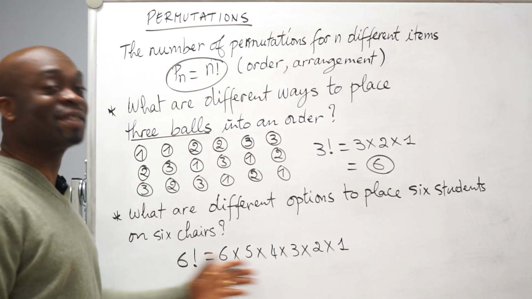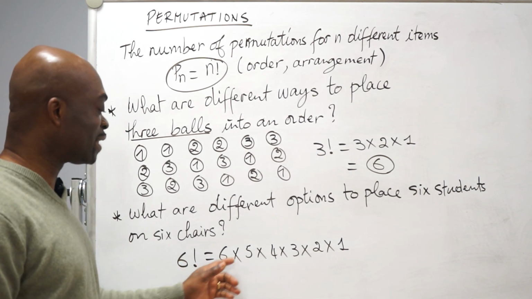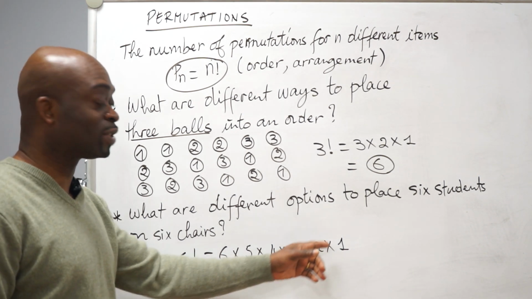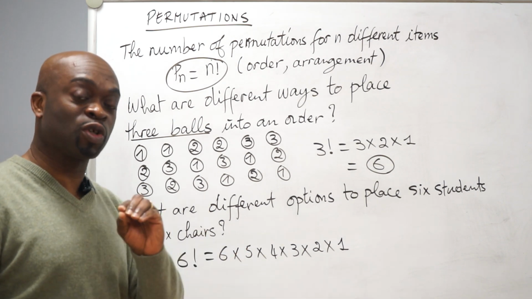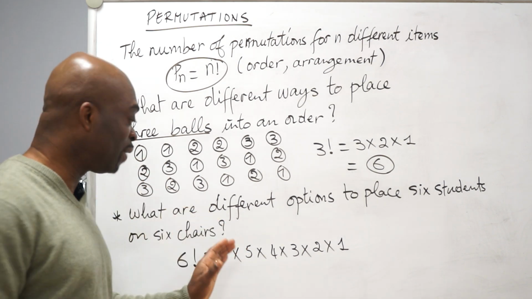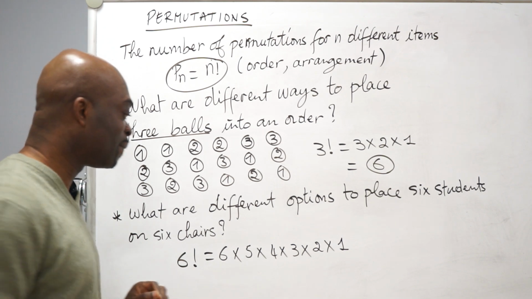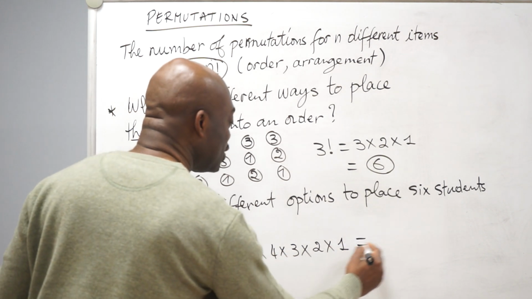So this is what we have. All right, so it's 6 times 5 times 4 times 3 times 2 times 1. As you guys can see, we're going down, taking 1 away from each of these numbers, right? And then now we do the calculations.